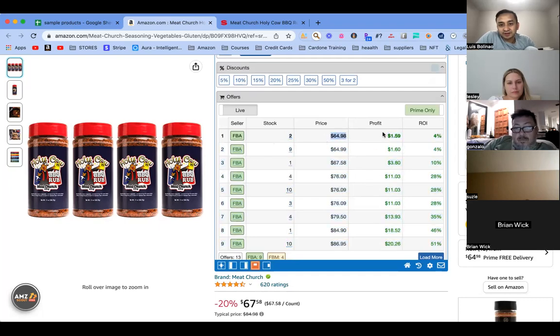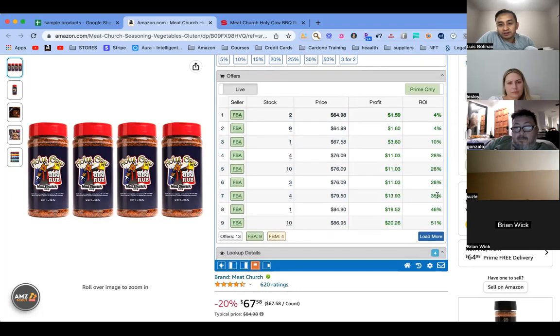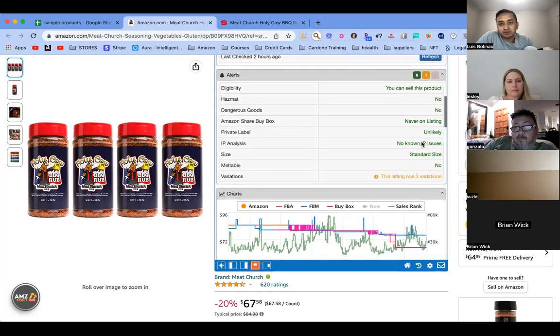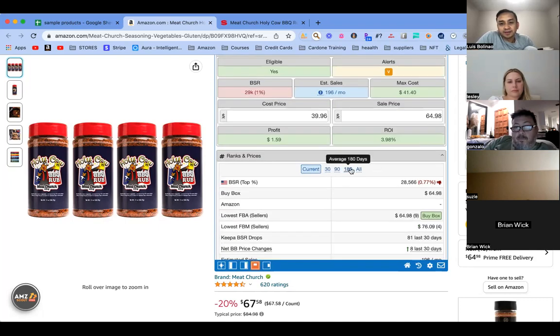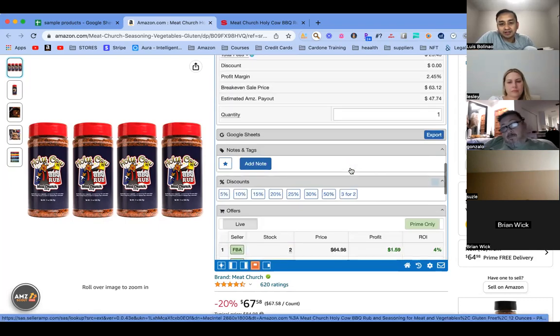If you see here, these two are at 4% ROI, and it's going up very quickly. So 4%, 4%, 10%. You guys see it? It's trending up as far as ROI. It looks really low right now, but if you just wait, it should go up.